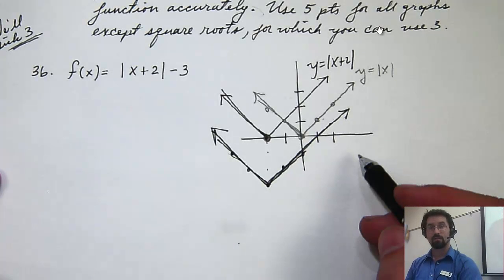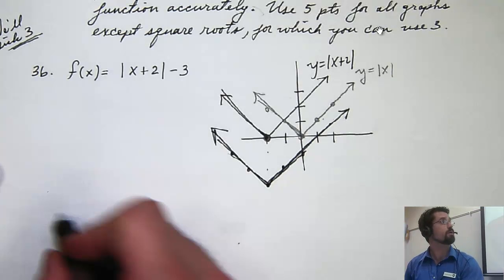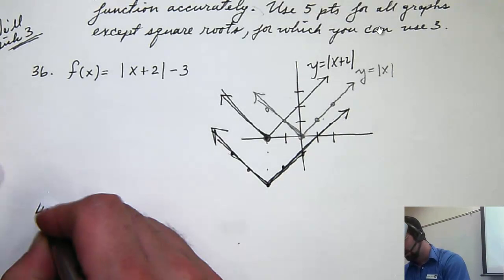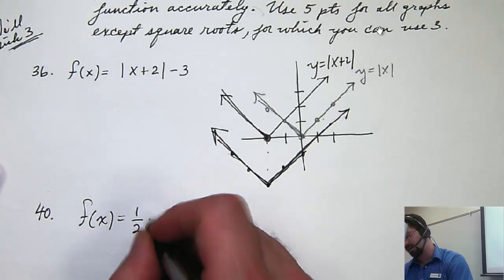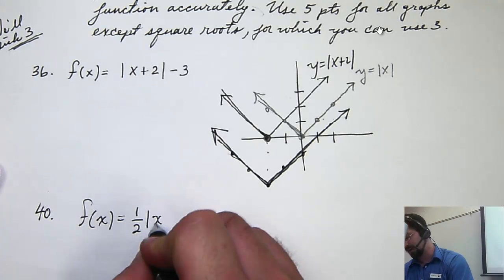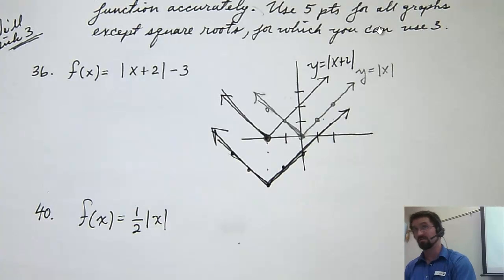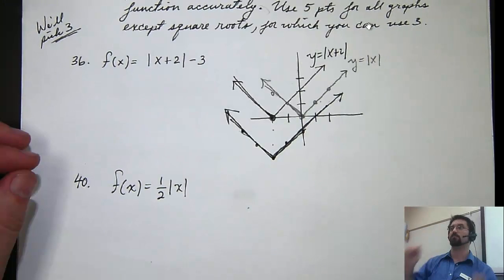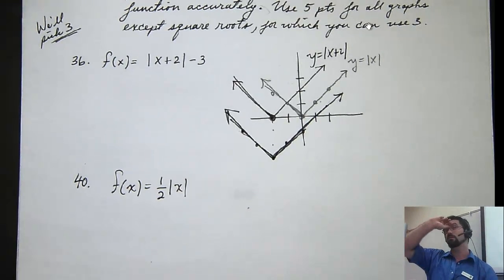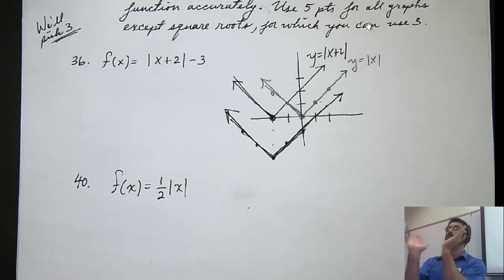Okay. The second one we chose, or I chose it actually. This is f of x equals 1/2 the absolute value of x. So we're still dealing with the same family. But what does a 1/2 do? It makes it wider, but why does it make it wider?